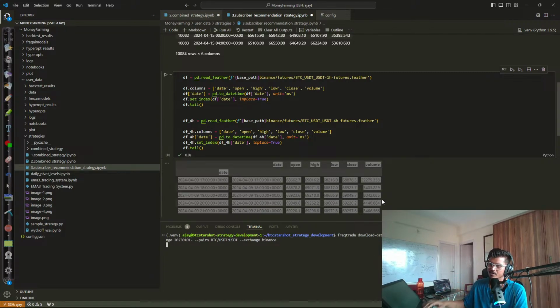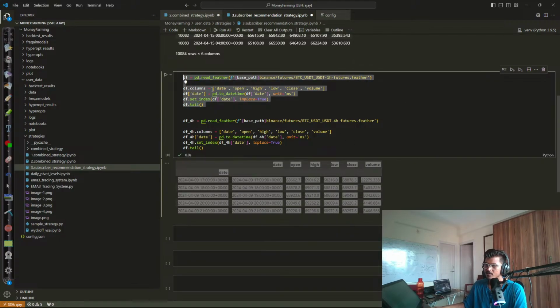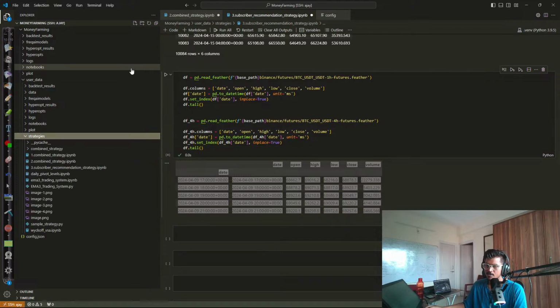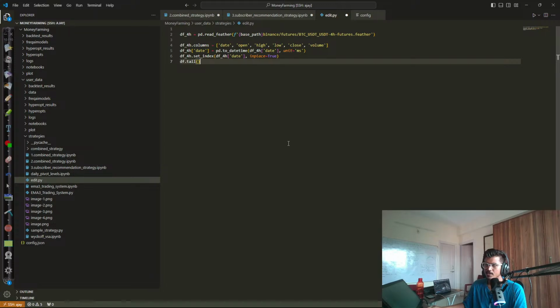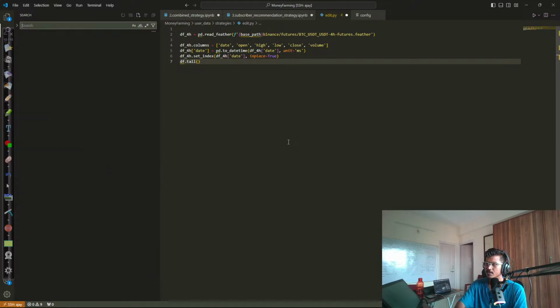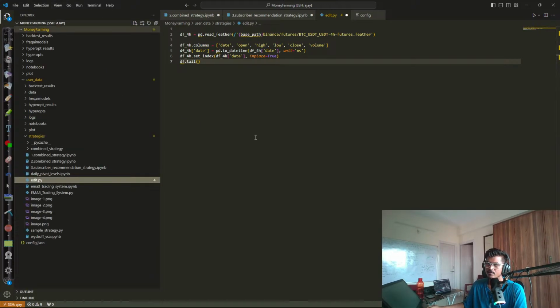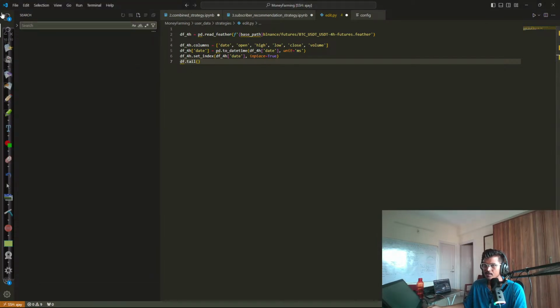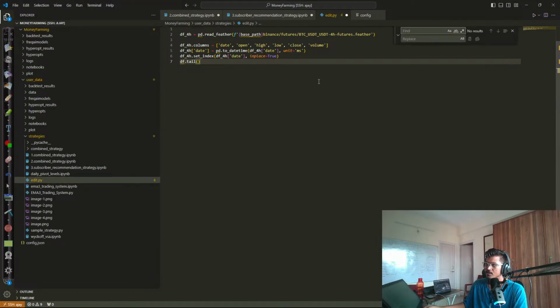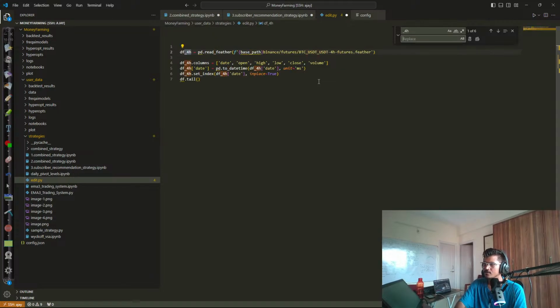1 hour and then 15 minutes as well. I want the data for 15 minutes too. So what I'll do now here is build this edit.py file, and then find the 4 hour and replace it with 1 hour.